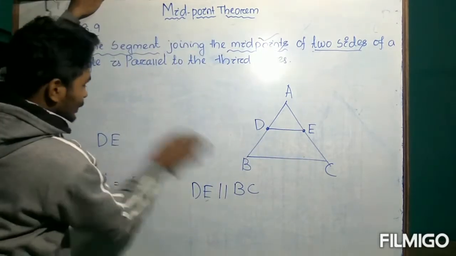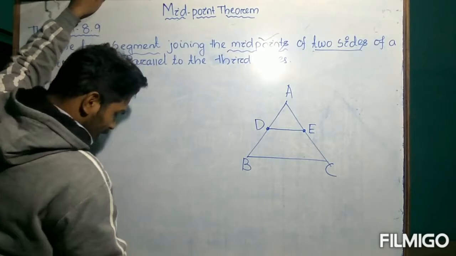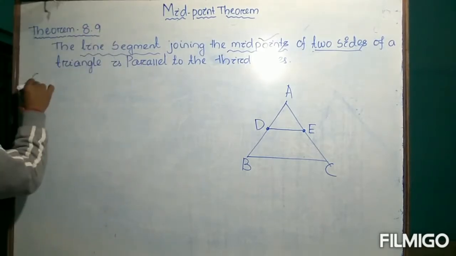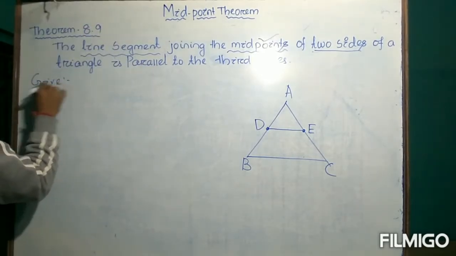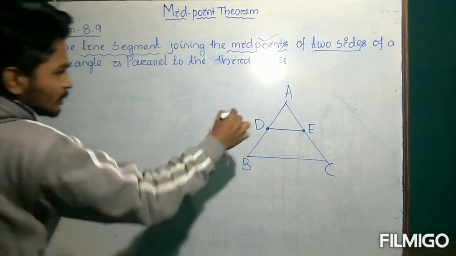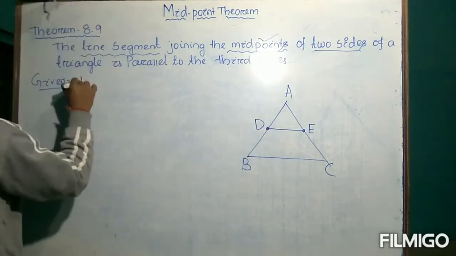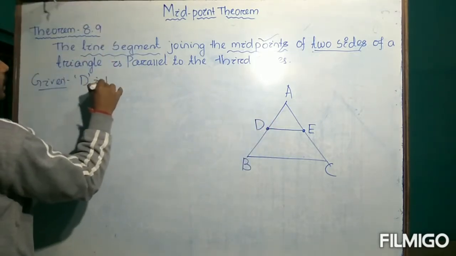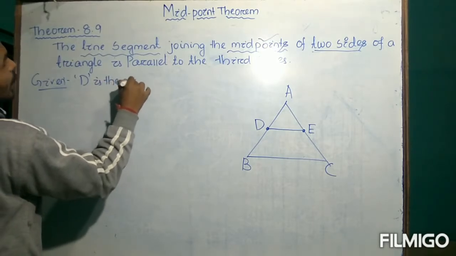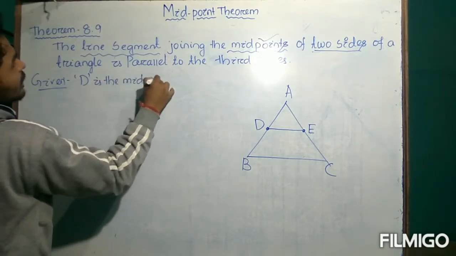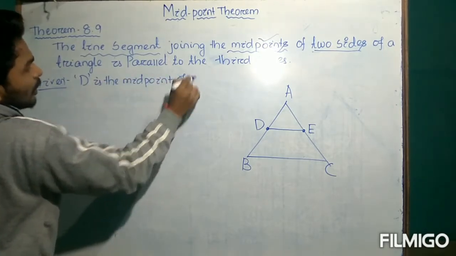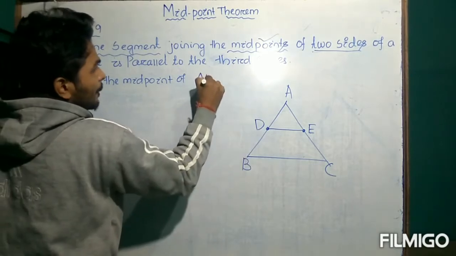First of all, write what data are given here. ABC is a triangle and D is the midpoint of AB.